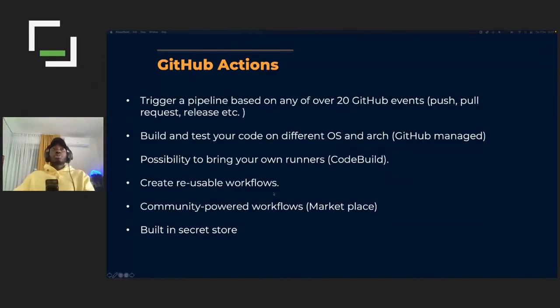Again, another strong point with GitHub Actions is creating reusable workflows. Reusable workflows, or reusable pipelines, are technically, for example, you have a way you build Docker images in your organization. You have 50 repositories and you build Docker images from those 50 repositories. Instead of writing full-on CI/CD pipelines for each repository, you can have a repository that houses your CI/CD pipeline, and then your other repositories call that workflow.